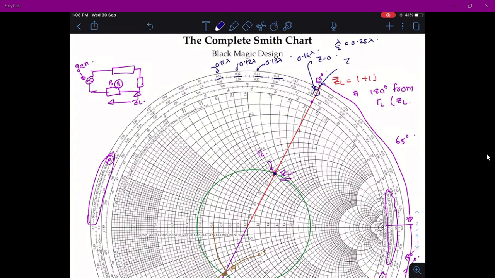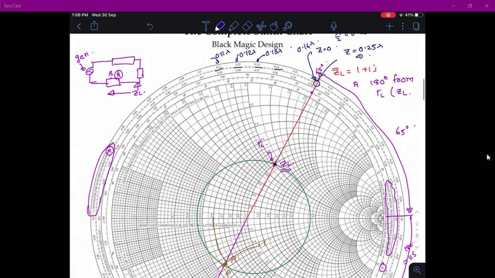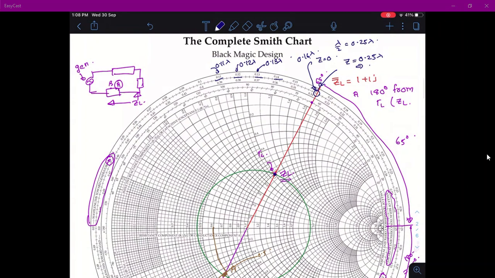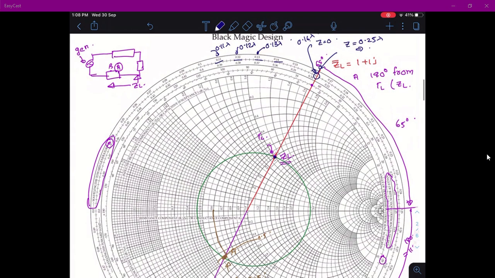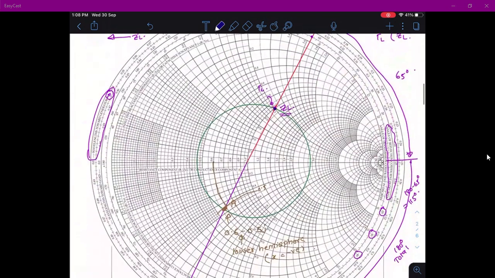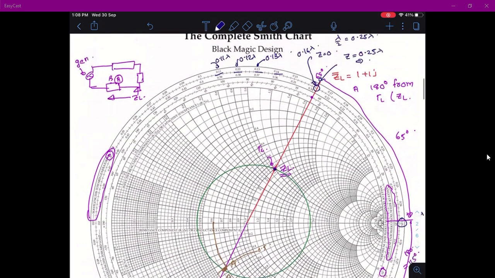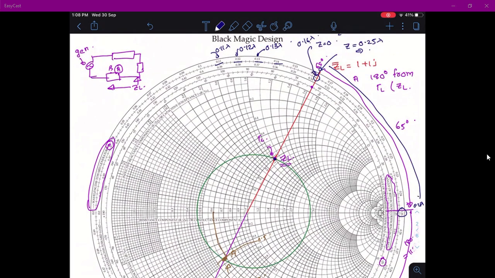Now you want to move to a location where z is equal to 0.25 lambda, which means starting from 0.16, you need to traverse 0.25 lambda. You see this is 0.25 here. So when you traverse this distance, you have traversed 0.25 lambda minus 0.16 lambda, that is 0.09 lambda.